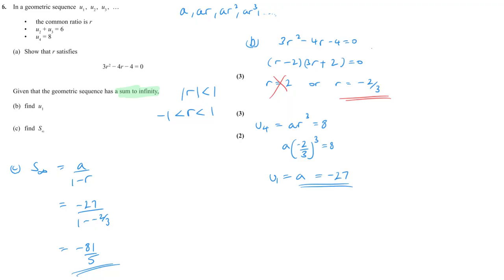It is easy to miss these things, but when you've got two answers, so R equals 2 and R equals minus 2/3, there's got to be a clue in the question as to which answer you will use. So at that point you should scour the question for some information. Okay, so that will be a clue there.